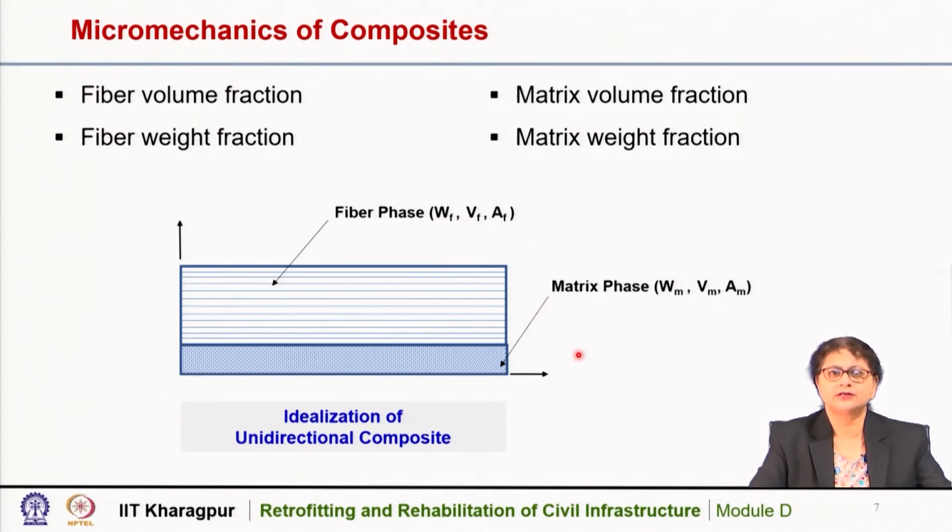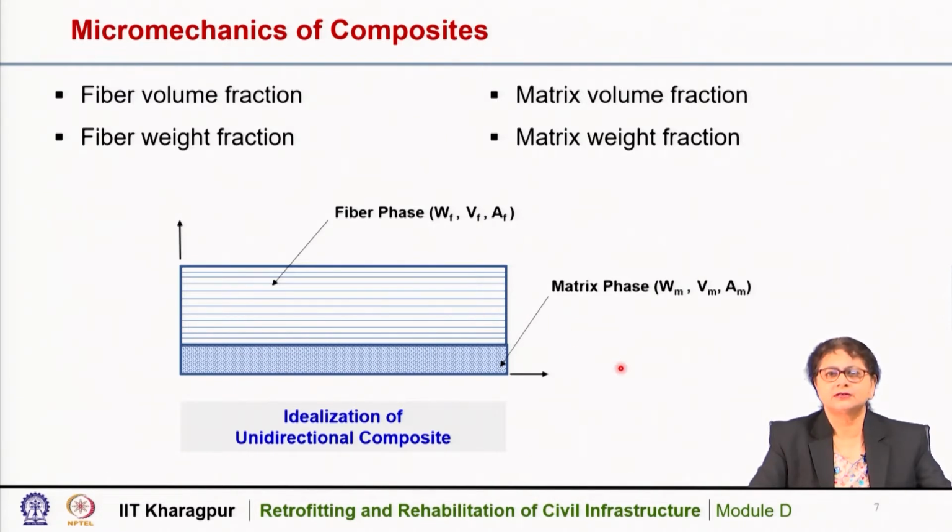Though the fiber is suspended in the matrix more or less uniformly, here to distinguish the two phases, it is shown schematically as this part is the fiber phase and this part is the matrix phase. So, this is a unidirectional composite where the fibers are aligned along this axis.